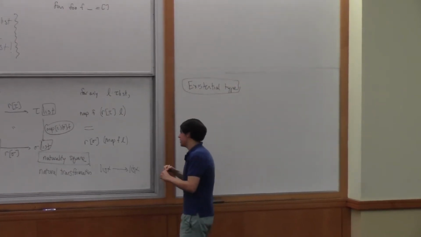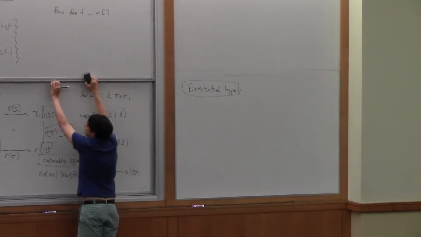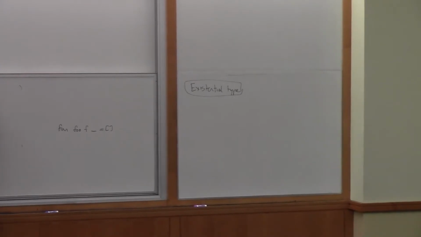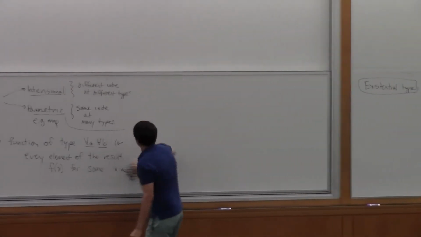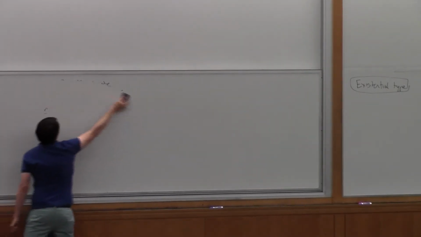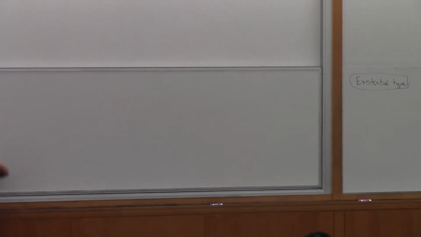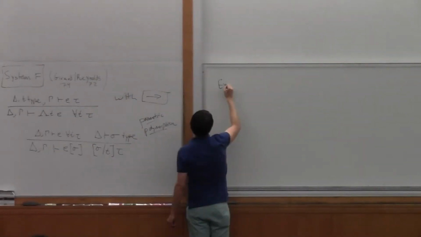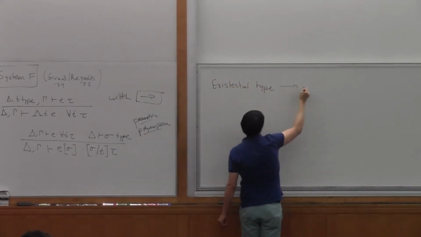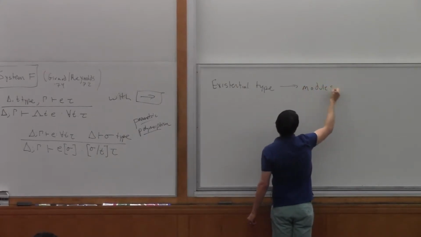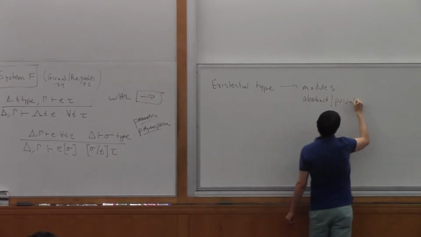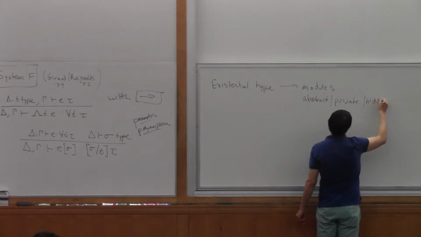And the idea with an existential type is that it corresponds to what you might know as modules or abstract or private or hidden types.